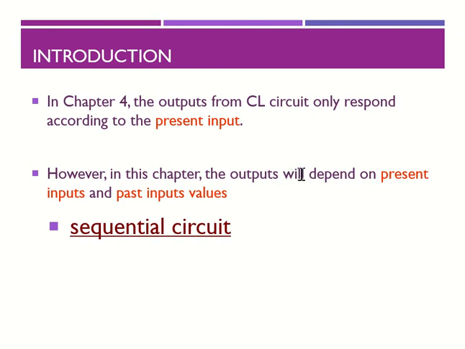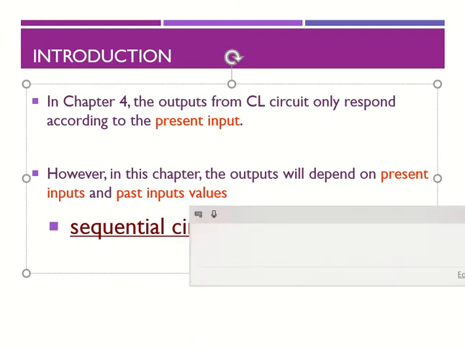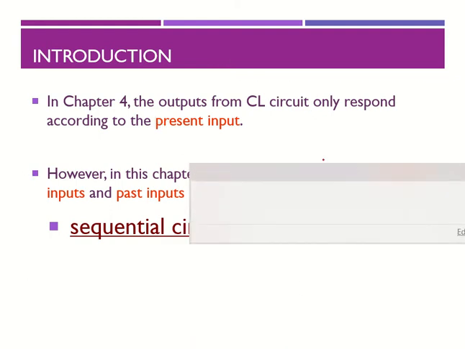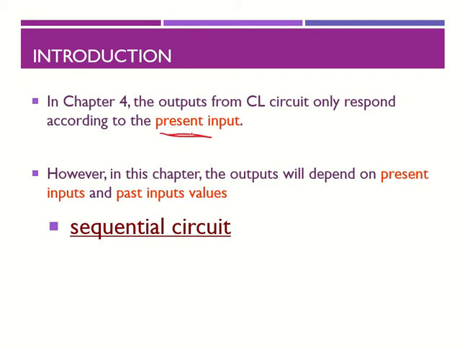In chapter 4 previously, in the logical circuit, we have undergone a few examples using circuits that only respond based on the present input. But in chapter number 5, we're going to use the present input and also the past.